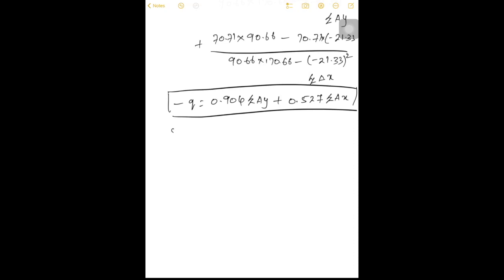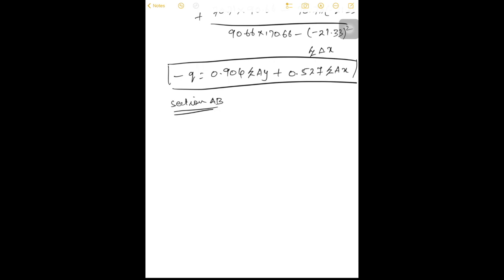For now, section AB. Section AB, the area of A is 1 centimeter square, and X is equal to minus 5.33.